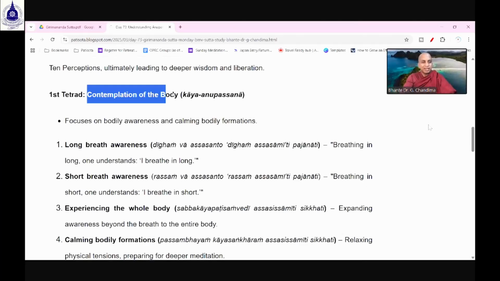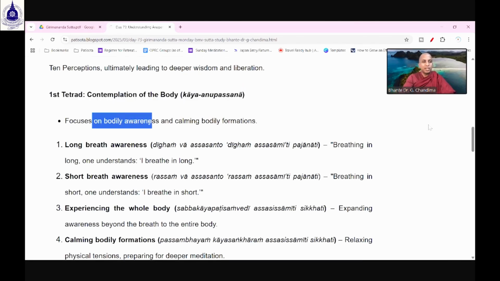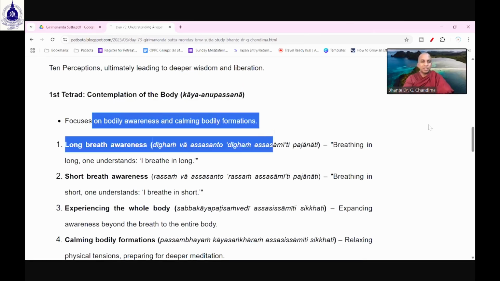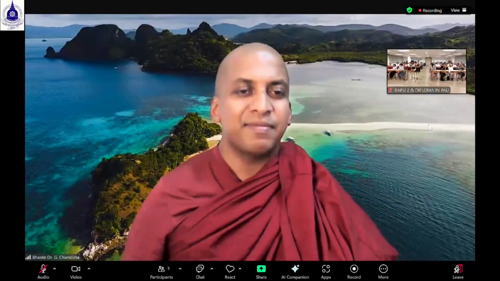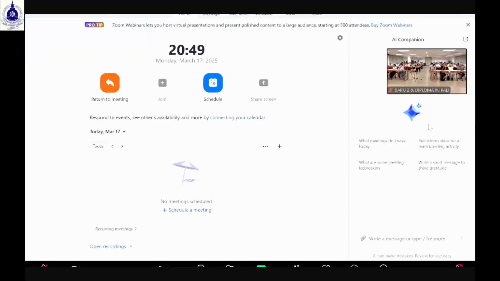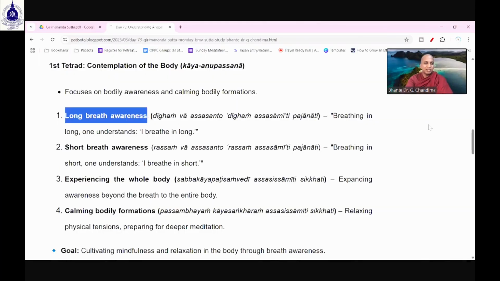Contemplation of the body, which we understand, Kayanupassana. So this tetrad, or the first 4 steps, focus on bodily awareness and calming bodily formations. So where do we start our meditation? Are we starting it from mind or thoughts or Dhamma things, or from our body? From the body, right? That's why Kayanupassana. First is long breath awareness.